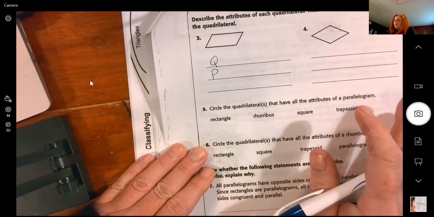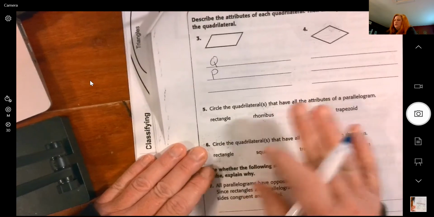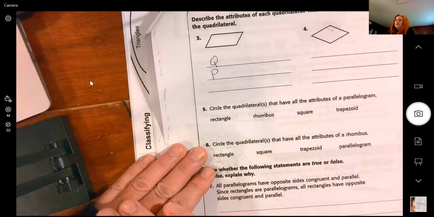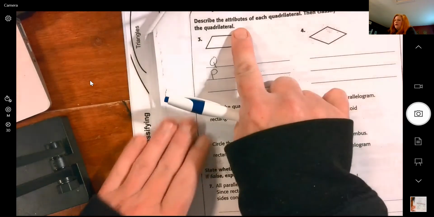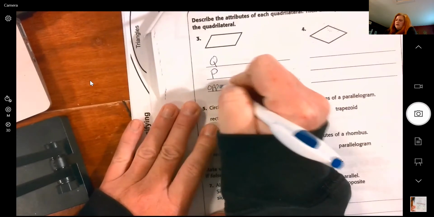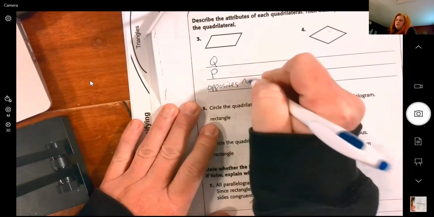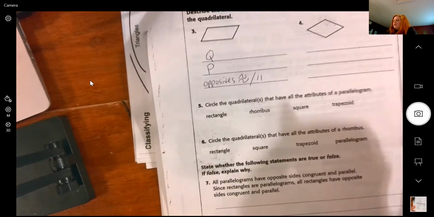No. So it can't be a rhombus. Does it have right angles? No. So it can't be a rectangle. All right, we're going to start with this one. Oh, it says describe the attributes. So it's opposite sides, congruent, and parallel.